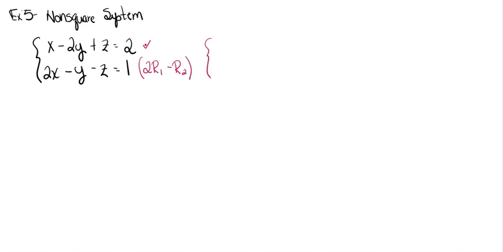So my first row, I'm just going to rewrite as x minus 2y plus z equals 2. And my new second row, I'm going to take my first row, multiply by 2, and subtract the second row from it. So 2 times x is 2x, minus 2x is nothing, and I don't need to write it. And then 2 times negative 2y gives me negative 4y, minus a negative y is going to give me negative 3y as my first element in my new second row.